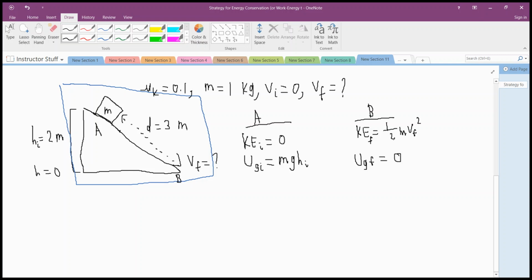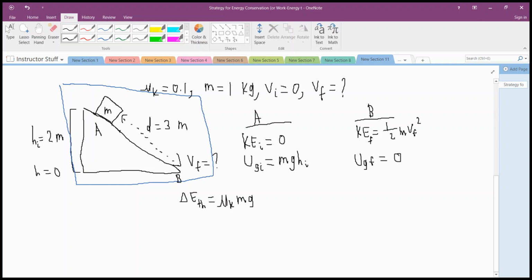All right, so I've calculated all the kinetic energy and potential energy terms. I've also got friction, though. So because I have friction, I need to do the next step of the strategy and calculate the work done by friction as it goes from state A to state B. Or, since I'm using energy conservation, I just need to calculate the change in thermal energy as we go from state A to state B. Well, we know how to do that. Change in thermal energy, sometimes called internal energy, is mu k times the normal force of our block.